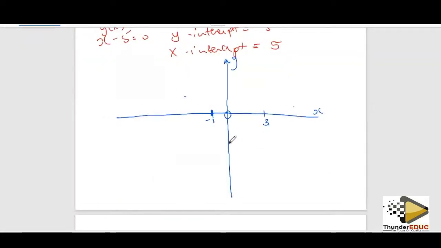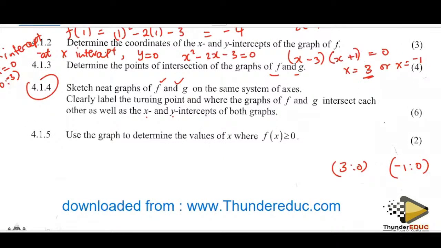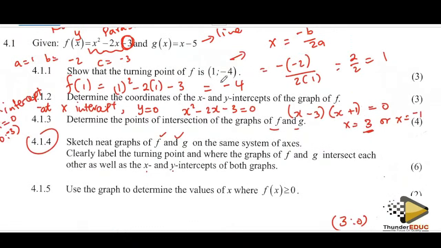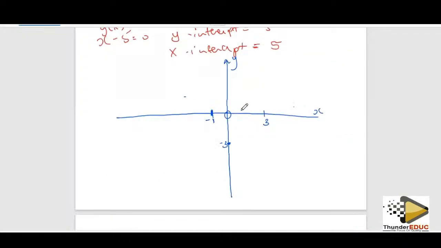So I put a negative 3 here. And then my turning point, remember the first question asked us for the turning point, which is 1 and negative 4. So if 1 is somewhere here, negative 4 can be slightly below somewhere here.